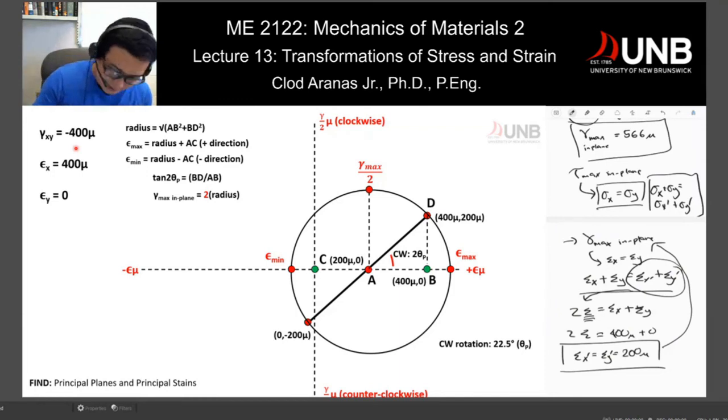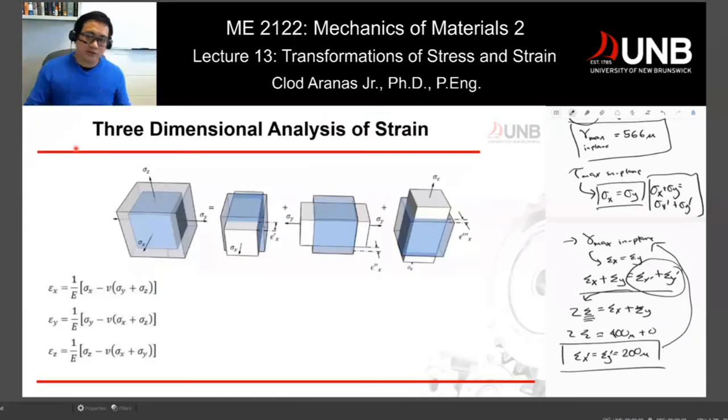Okay, if none, we still have 1 minute, but I'll just give you the topic that we're going to discuss for Friday. So for Friday, we're going to move to three-dimensional strain analysis. We're always talking about plane stress situation. If you have plane stress, you are applying stress in x and y.